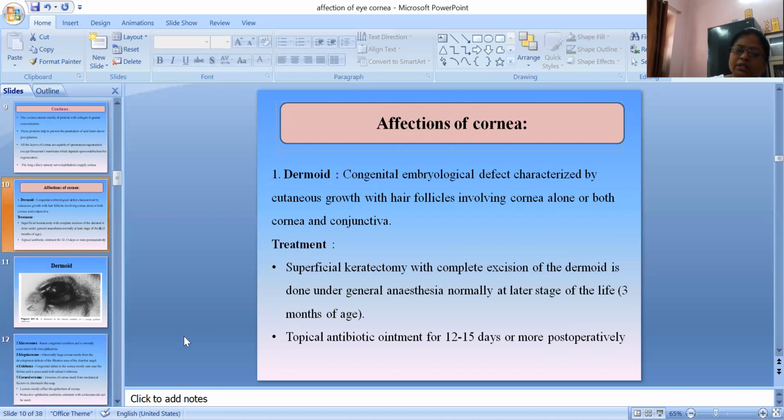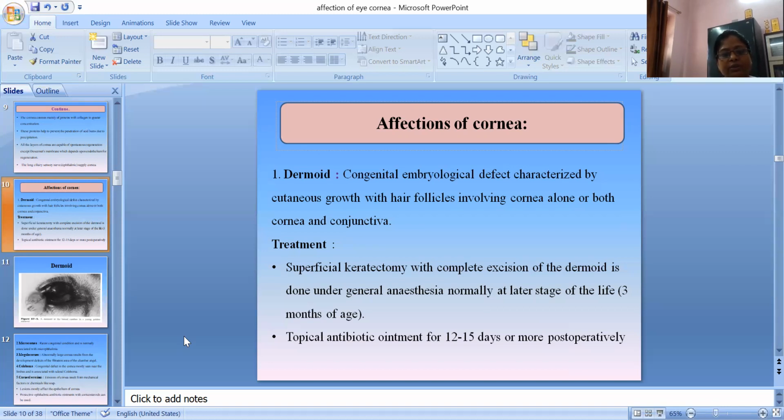So how can we treat it? Superficial keratectomy with complete excision of the dermoid is done under general anesthesia, normally at a later stage of life.